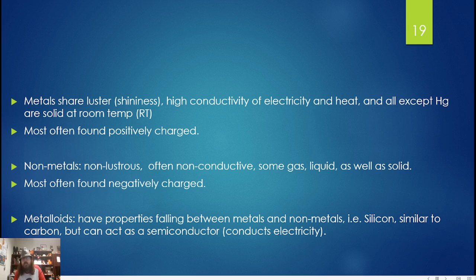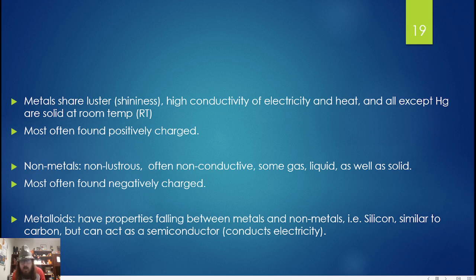Yes, I know graphite does. That is a unique form of carbon. And they exist in all the various different states. There are some liquids, there are some gases, there are some solids. A mixture of all the two. Now, our metals are typically positively charged, and our nonmetals are typically negatively charged. And we'll talk about why that is later.